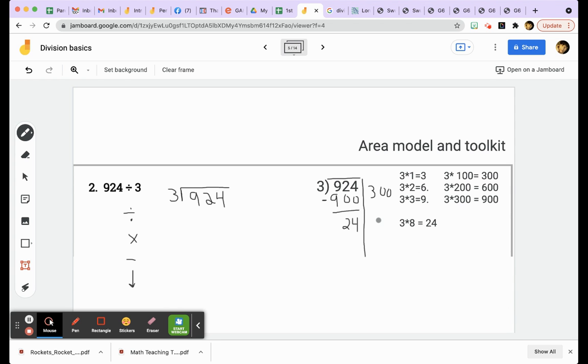So I can put a partial quotient of 8. And the product of 3 times 8 is 24. Subtract, and I have 0. So now I'm going to add my 2 partial quotients together, and I have 308.